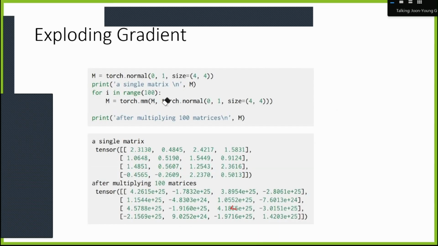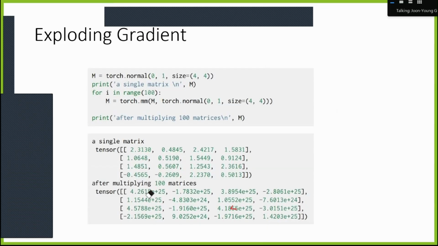This is a demonstration of why the exploding gradient problem might happen, because during backpropagation, for each layer we're multiplying the incoming gradients by the gradient with respect to the weight matrix or the input x in order to pass it to the earlier layers.